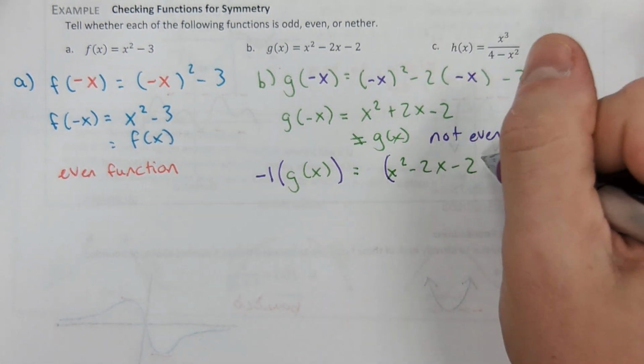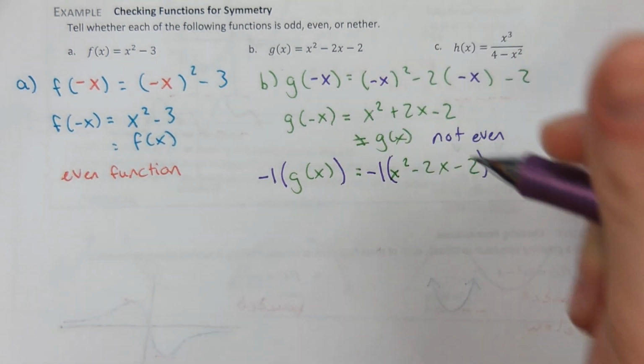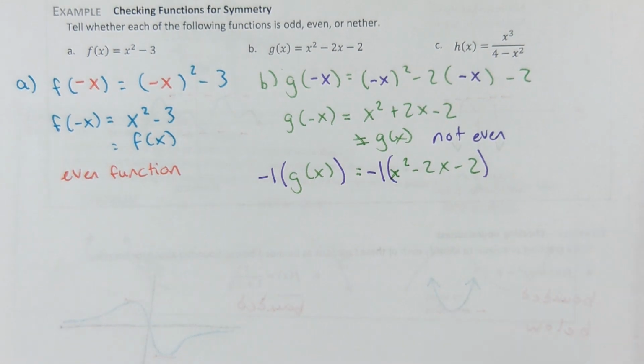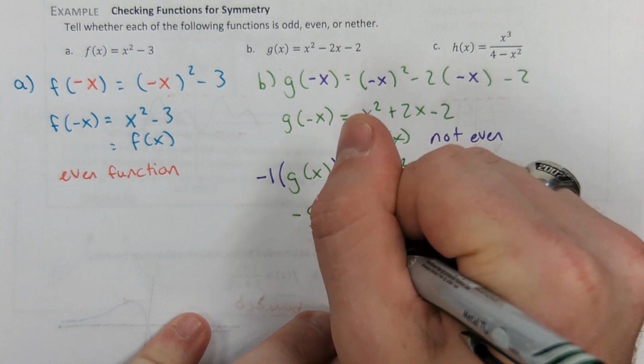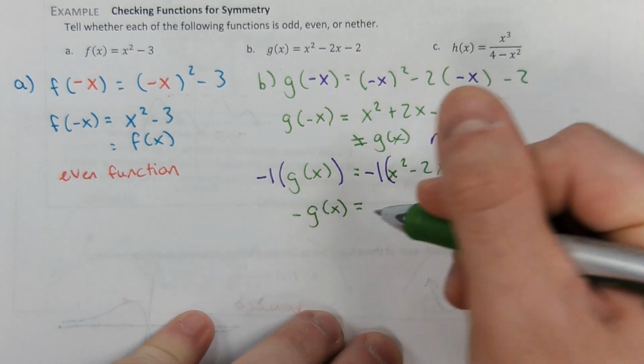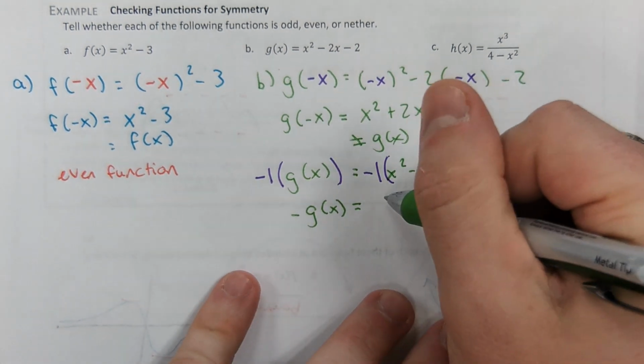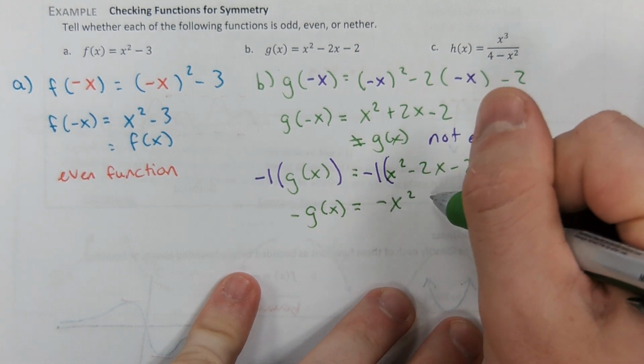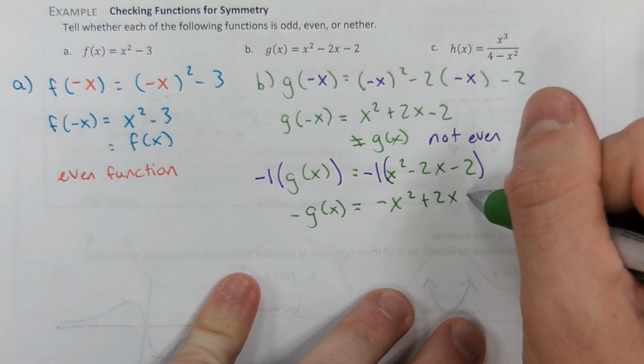So if we multiply the whole left side by negative 1, we multiply the whole right side by negative 1. You will have to distribute. Which gives me negative x squared plus 2x plus 2.